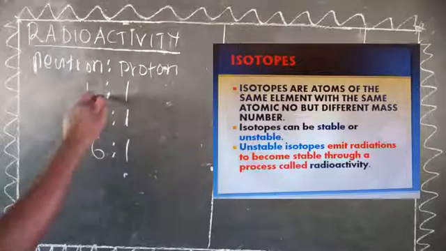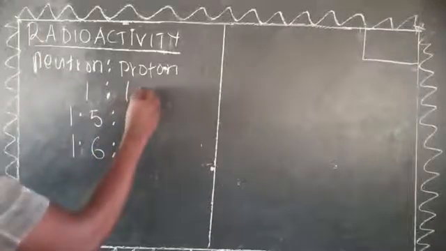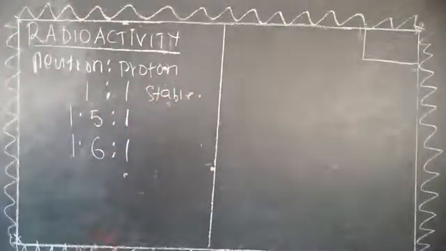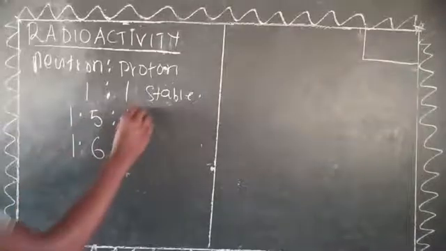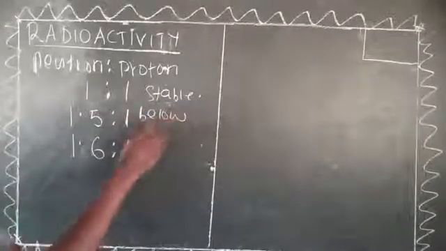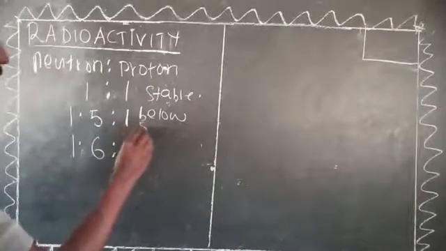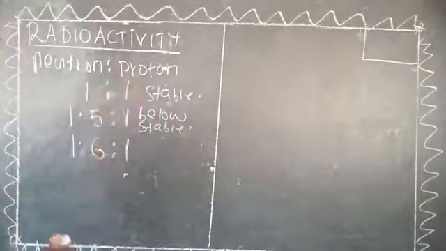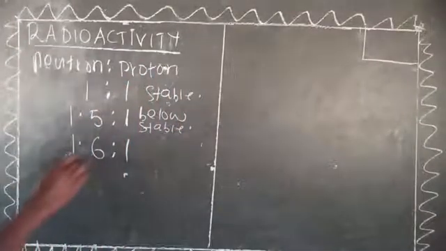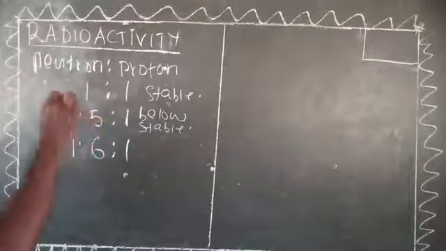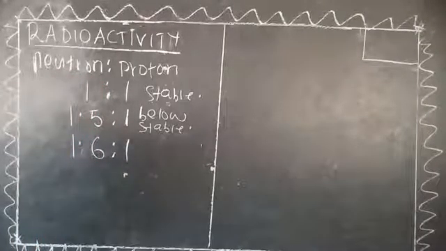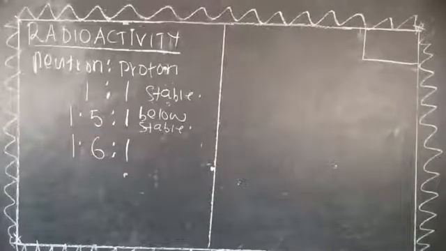So always for 1:1, this is a stable nuclide. Below this ratio, we say that it is also stable. But then a nuclide having 1.6 to 1 ratio, that is the neutron-proton ratio, these nuclides are unstable, and they are the ones that give or yield what we call unstable nuclides.